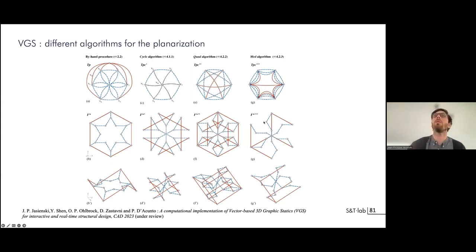So all the solutions from the algorithms could also be solutions from the by-hand procedure, because the by-hand procedure is the general procedure. Then we see the cycle algorithm, the quad algorithm, and the med algorithm. Basically, quad and med belong to the same family.